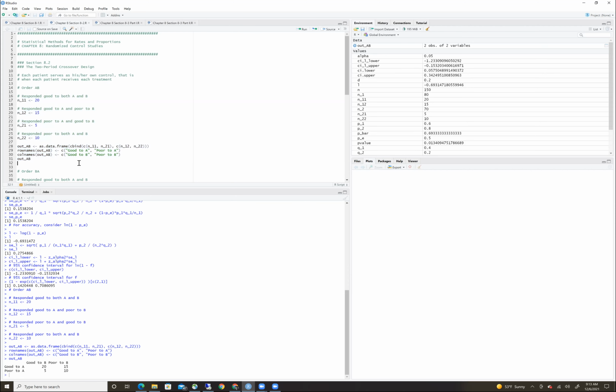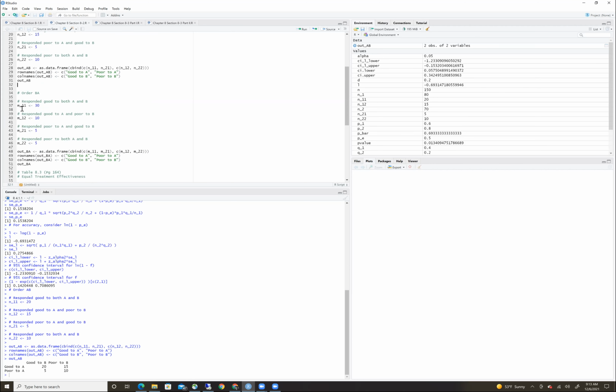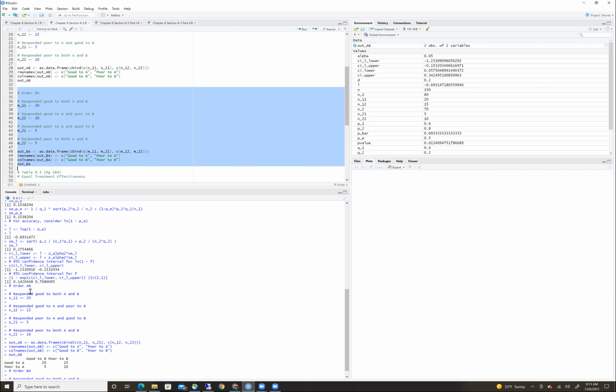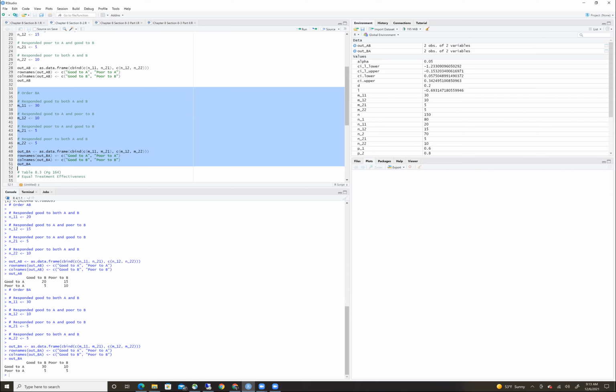We can do the same thing with the B to A patients, and now we're using the value of M to define them. Okay, so for our B to A patients, they either respond good to A or poor to A, good to B or poor to B. And once again, if they respond well to both, their information isn't helping you decide which treatment is better than the other.